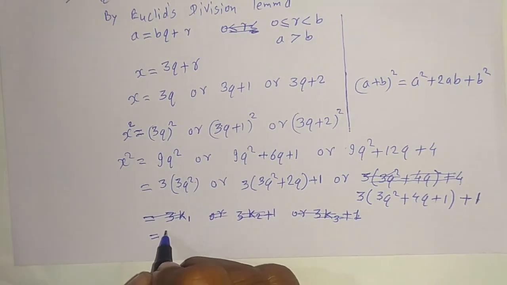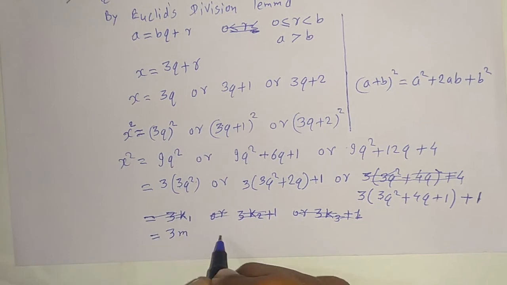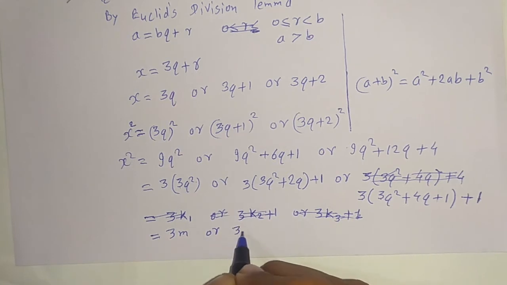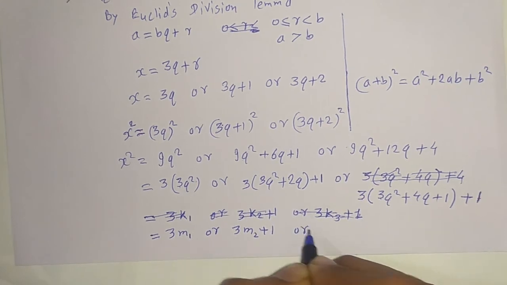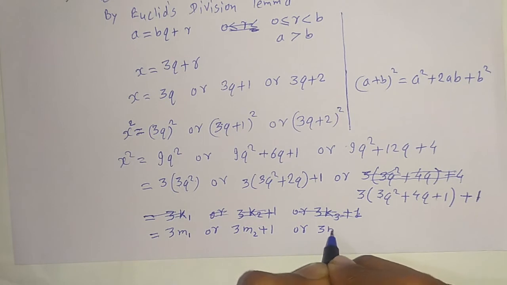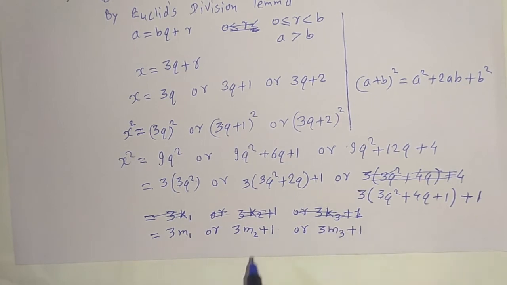It has to be 3m. You can assign values as m1, m2 or m3: 3m1, 3m2 plus 1, 3m3 plus 1. What are the m1, m2, m3?